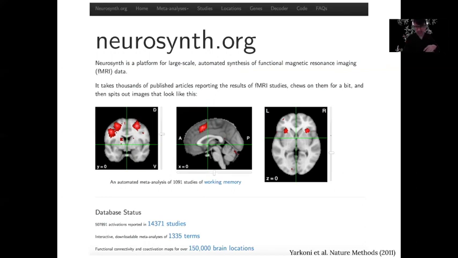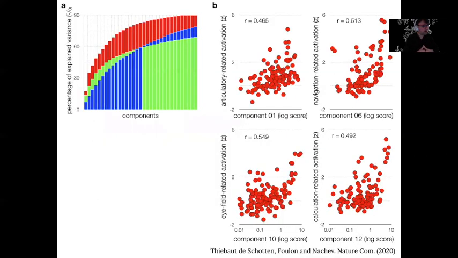And 90% of them were correlating significantly with a pattern of activation related to a function.